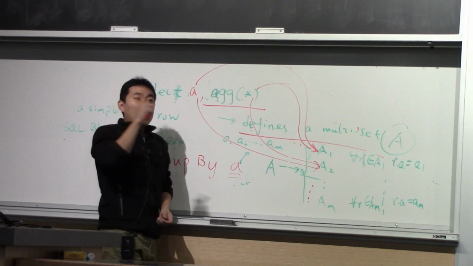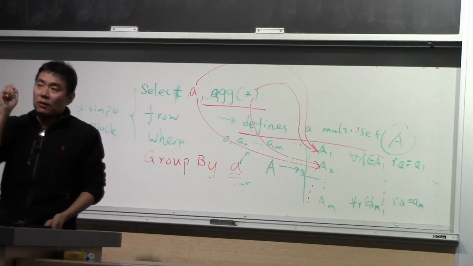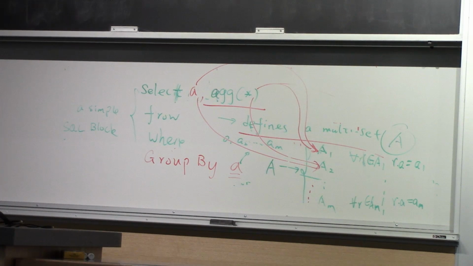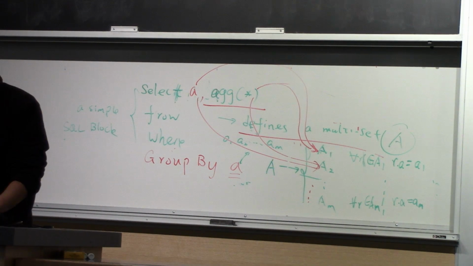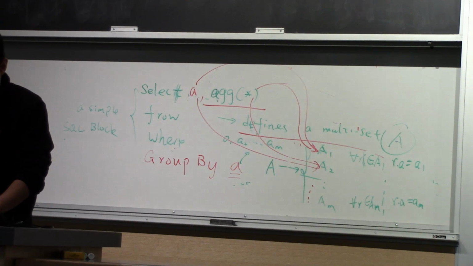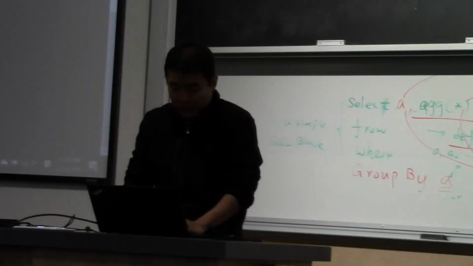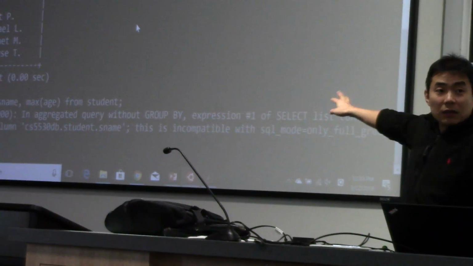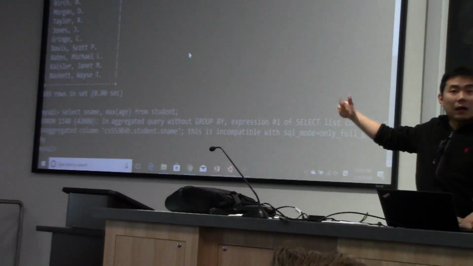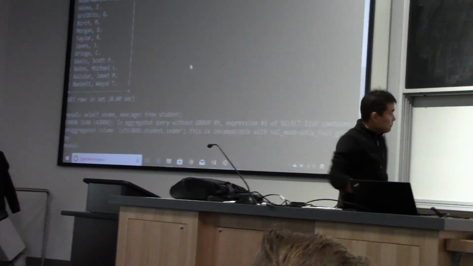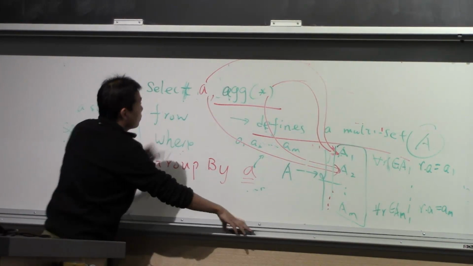Okay. That being said, there is a subtle constraint. And that constraint is the same as what we have seen just now. Remember, this example doesn't work. SQL will complain with an error. Now imagine I have this set of groups, and I'm going to apply this projection over it.